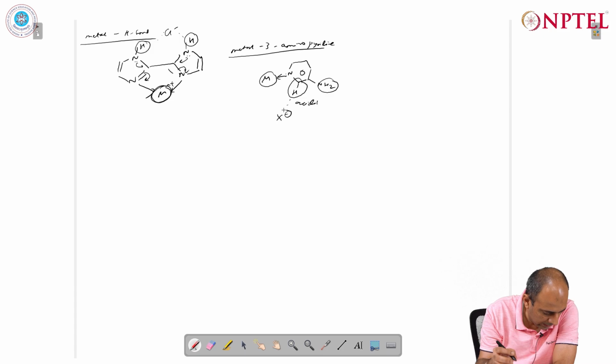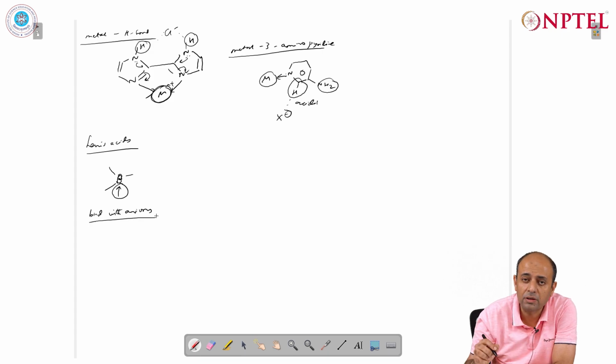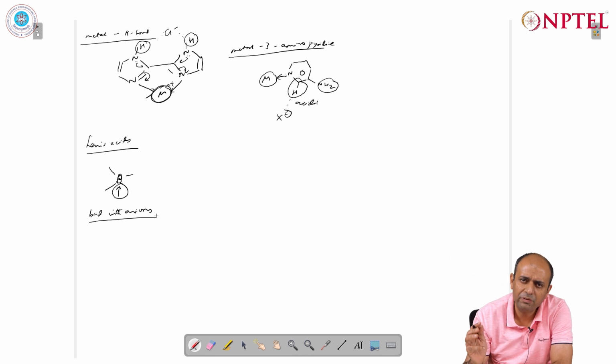And we also looked at some of the Lewis acids. For example, we looked at the boron center. So, the boron center is now electron deficient, so it can bind with the anions, and this has got a lot of applications in the field of sensing of different kinds of anions.